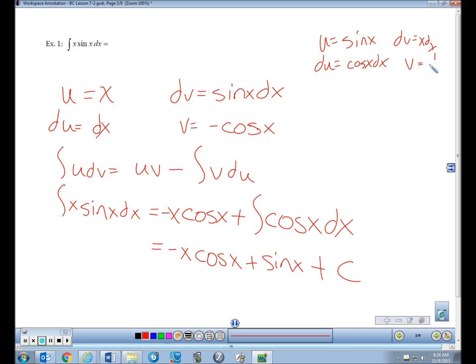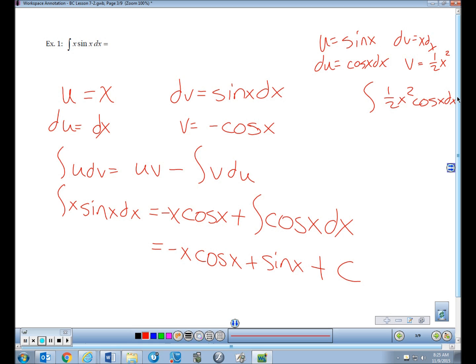But when we do v, that's going to be 1/2 x squared plus c, or just 1/2 x squared. And u times v makes sense, but if I try to do the integral of v du, I've actually made the problem more complicated than what it started at. That's going to be impossible to integrate, and we would have to keep going. So it's very important that you choose the correct u and the correct dv.